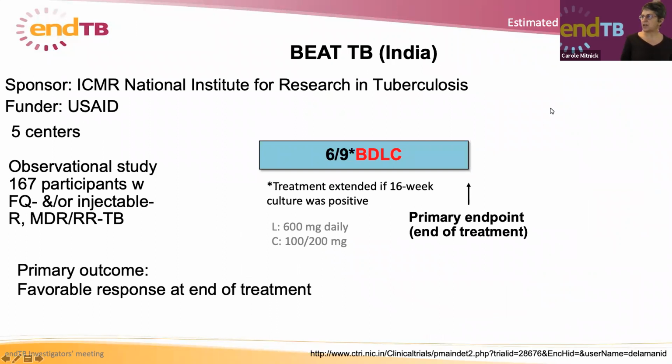BEAT-TB just recently reported on partial results. I don't have an estimated completion date for the full trial. It examined in a single arm uncontrolled trial a 4-drug regimen containing bedaquiline, delamanid, linezolid, and clofazimine, where linezolid was delivered at 600 milligrams daily, and treatment could be extended from 6 to 9 months if the 16-week culture was positive.